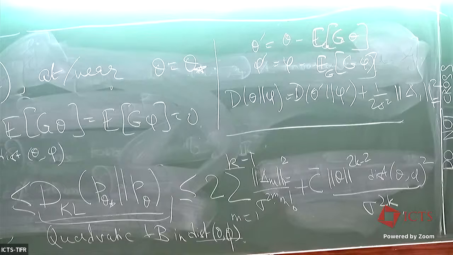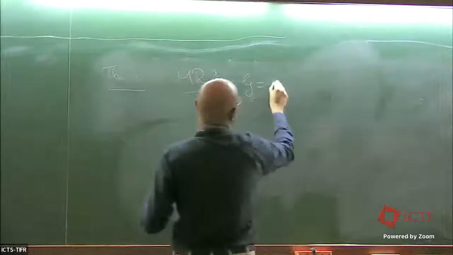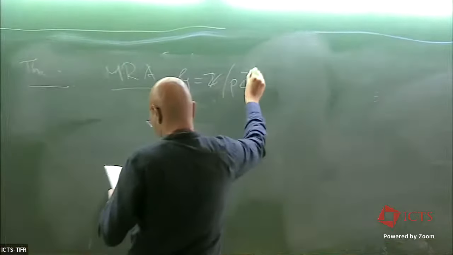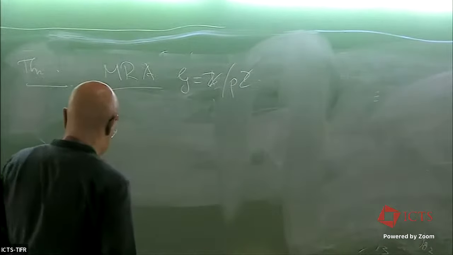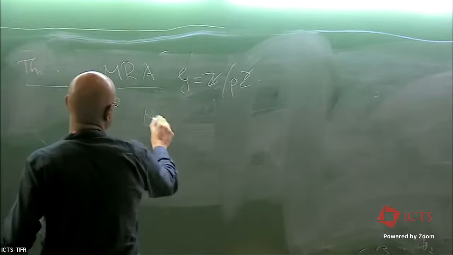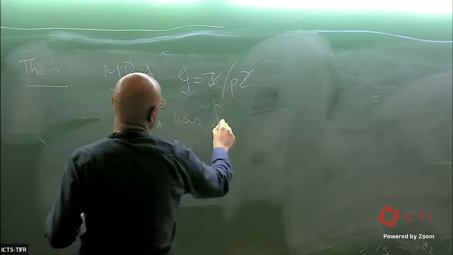Theorem. So we are looking at the MRA problem. So G is Z mod PZ. And suppose the signal theta star has full support.